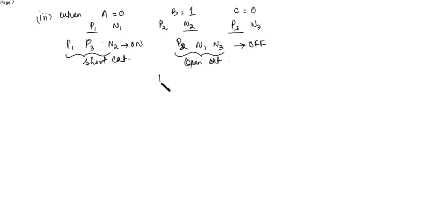So P1 is short, P2 is open, then P3 is again short, N1 is open, N2 is short, then N3 is open again.